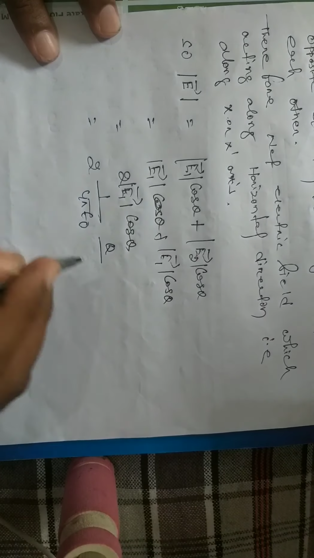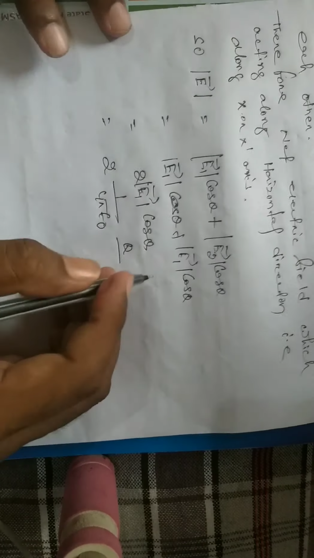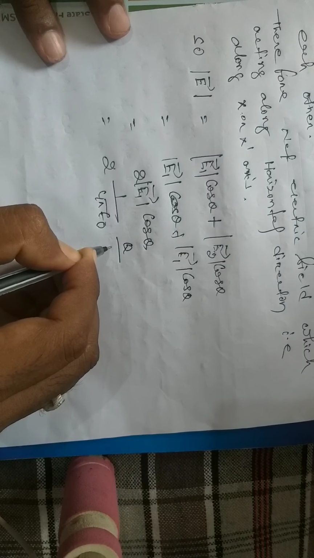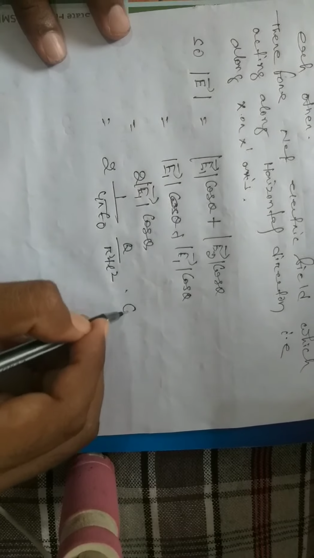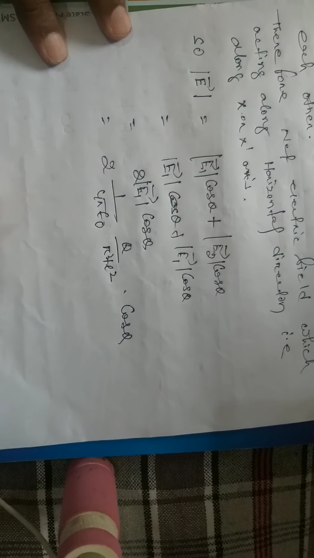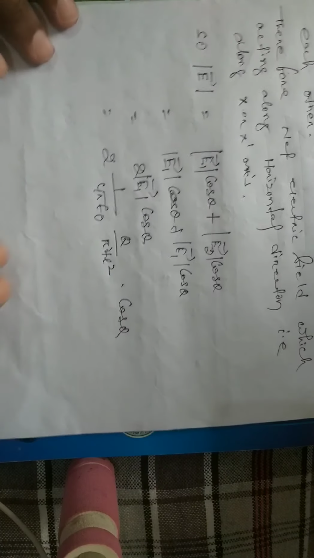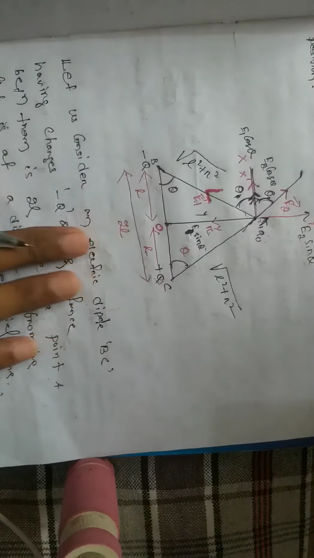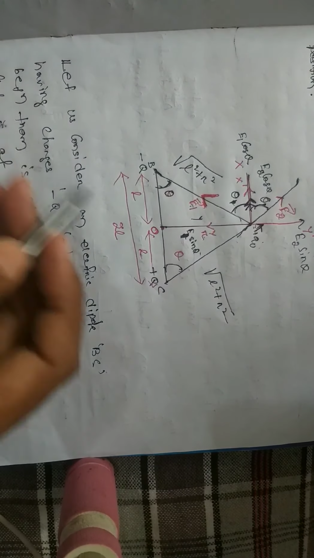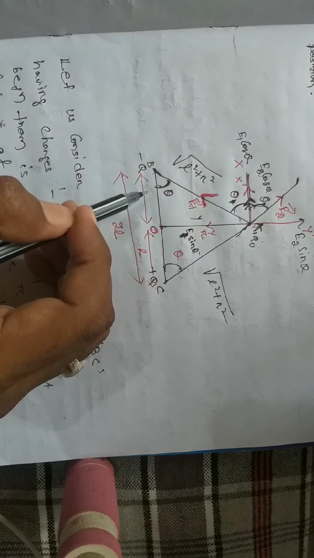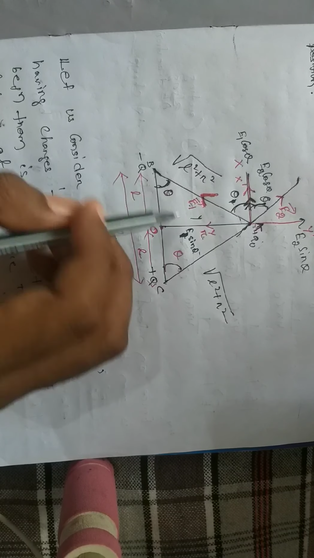q by (r square plus l square) into cos theta. Here in the above diagram, that angle is theta. Now if we represent it using the Pythagoras theorem, that theta can be represented as cos theta.